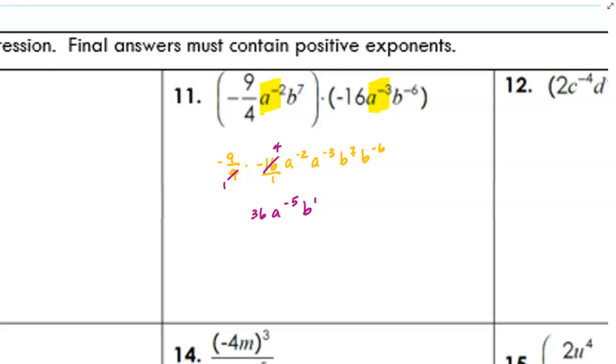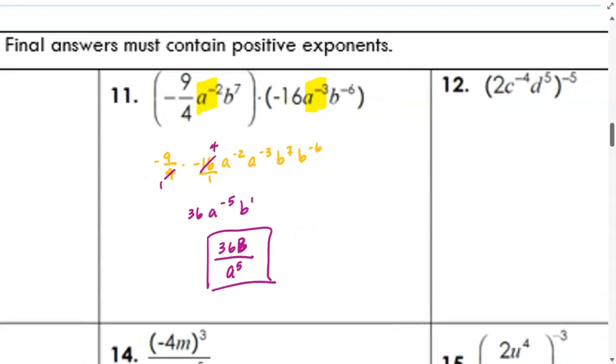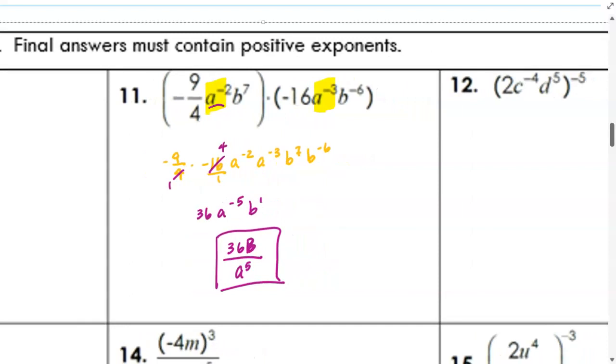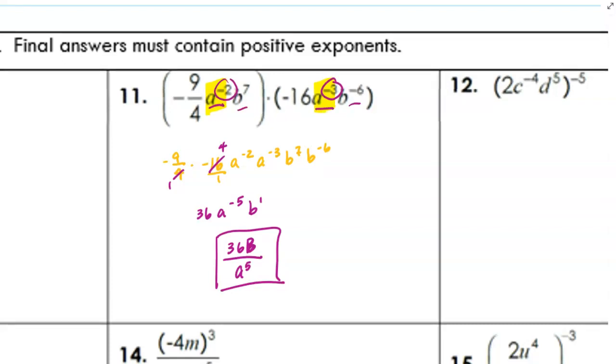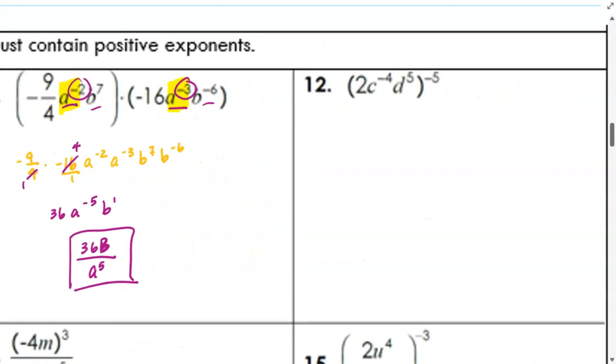Now we just can't have negative exponents, so that's going to be 36b over a to the 5th. And I don't like using b's as variables, so that definitely show that that's a b. As I was saying, I would follow the a. A's in the numerator, a's in the numerator, so you just add the two. Okay, b's in the numerator, b's in the numerator. So you can do that in your head. 7 minus 6, negative 2 minus 3. That's negative 5. That goes in the denominator. Okay, that's a way for you to check.